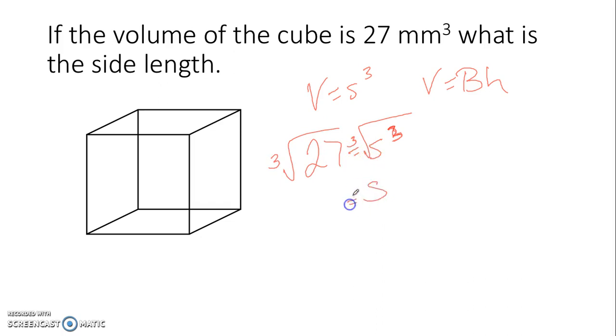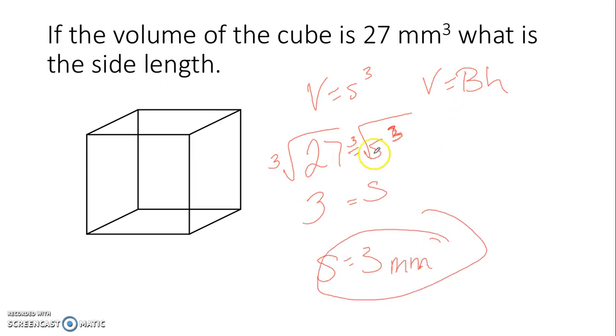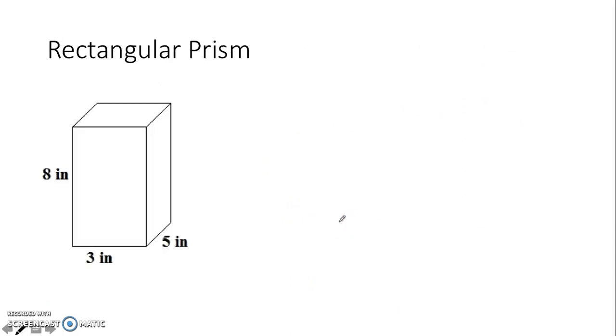So S is equal to the cube root of 27. The cube root of 27 is 3. So one side length is equal to 3, and our unit is millimeters. And we can check our work by plugging it back into the formula. 3 times 3 times 3 is 27, so we did good.